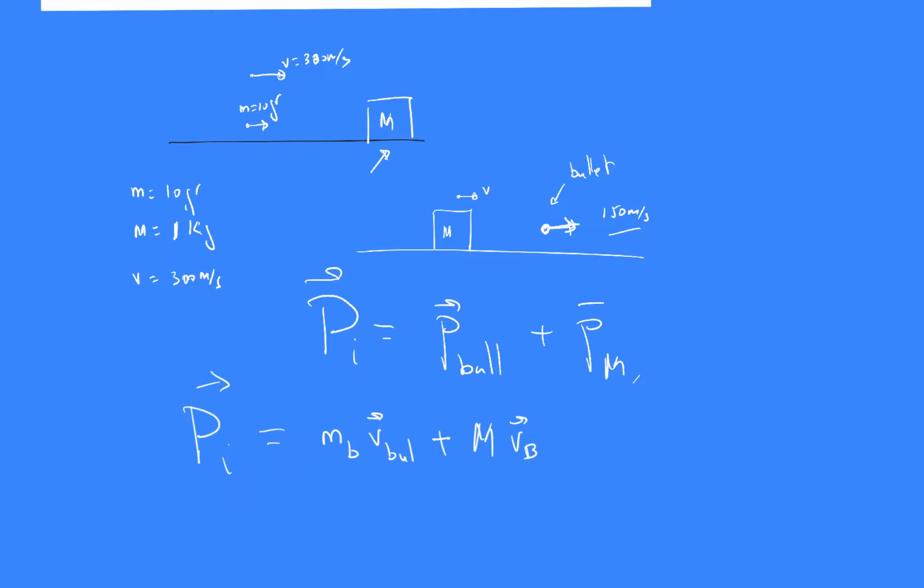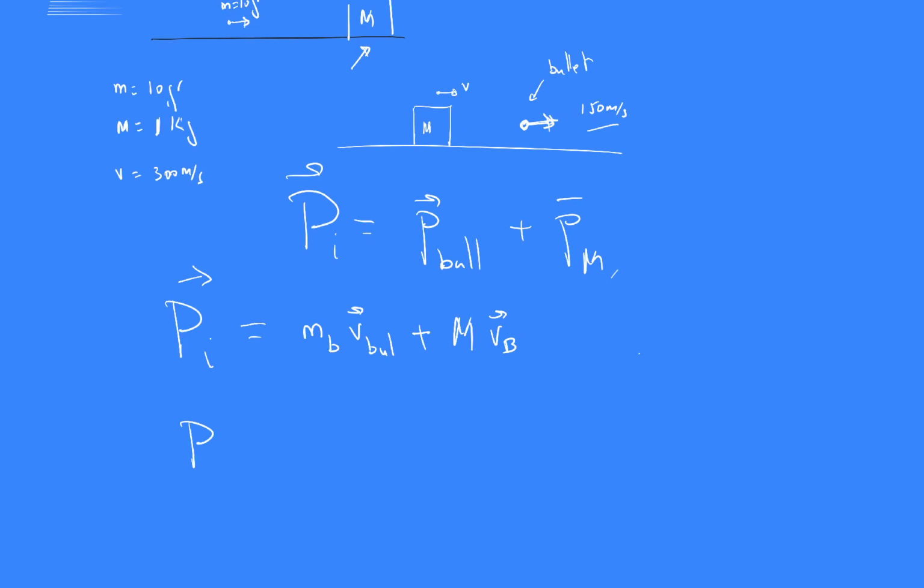Initially, the data that I have is that the mass of the bullet is 10 to the minus 3 kilograms. The velocity of the bullet is 300 meters per second, and let's say it's moving to the right, in the i direction, plus the mass of the block, which is 1 kilogram, but the velocity of the block initially is 0. So this vector, the total momentum initially, has to be conserved.